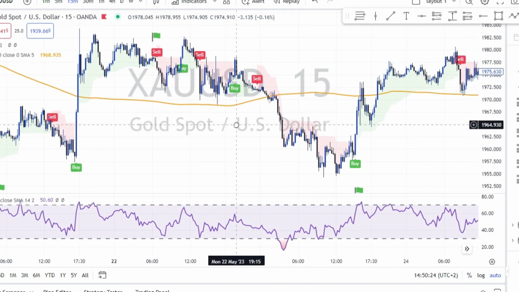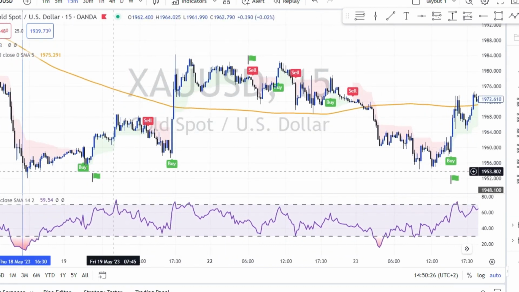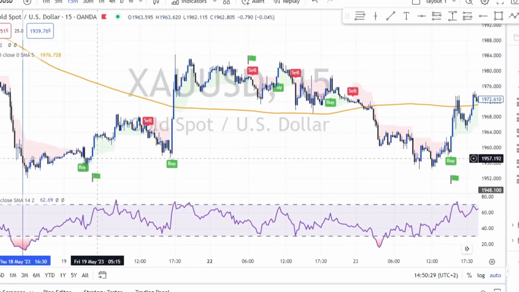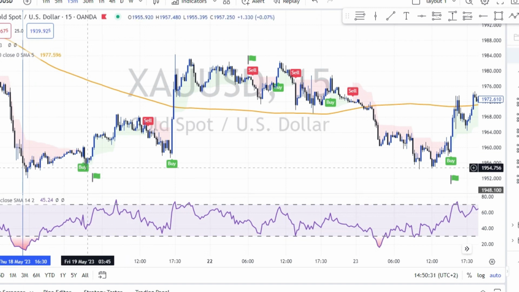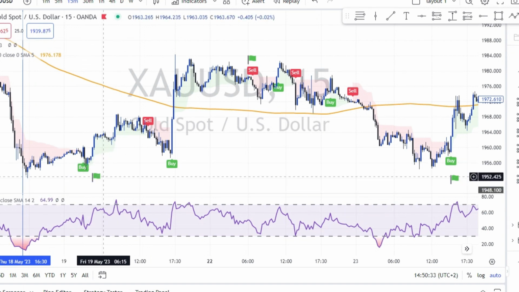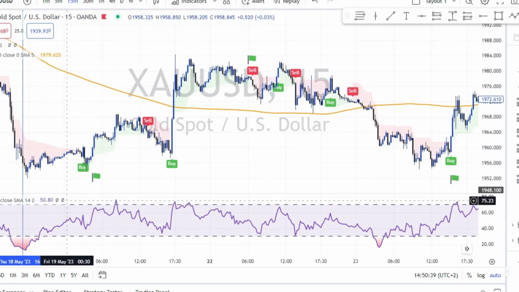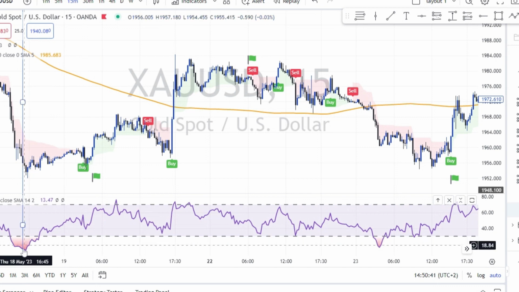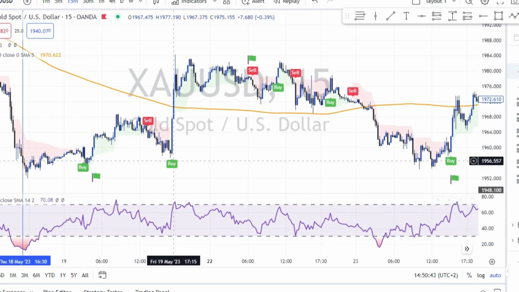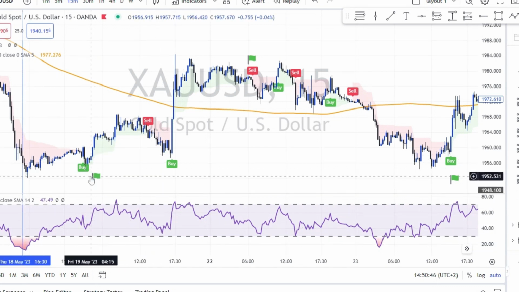So I'm adding all the possible, all the positive entries, right? Here is a positive or a green flag because we are below the MA and we have lost momentum or we are oversold. That is why we want to buy at this point.